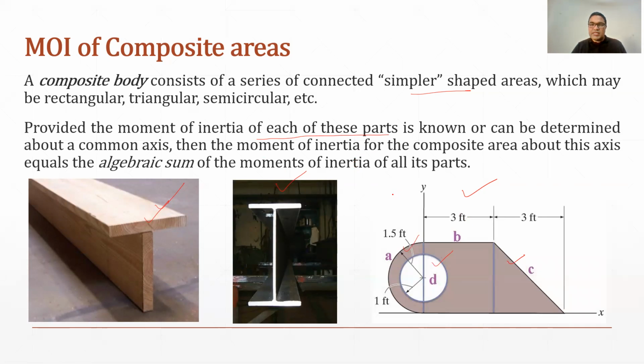Just as in the previous lecture, if we can find the centroid of common areas, we can find the centroid of the composite area. In the same way, we can find the moment of inertia of any composite area because it is composed of some common areas. If we know the direct formulas of those common areas, we can easily find the moment of inertia of the composite area.